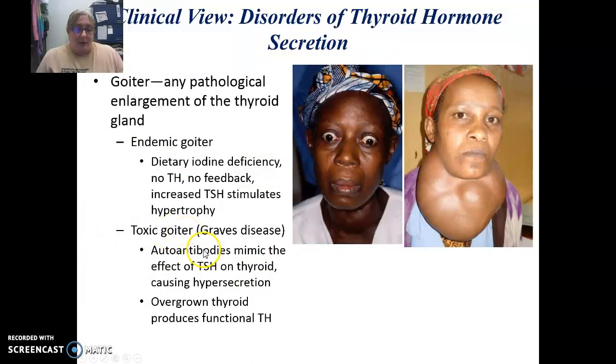With toxic goiter, I will mention that treatment is typically removal of the thyroid gland because you can't get rid of your antibodies, and then thyroid replacement therapy for life. With endemic goiter, adding the iodine back into the diet, removal of the excess tissue, and then maintaining the levels of iodine in your system so you can produce the hormone when you need it.